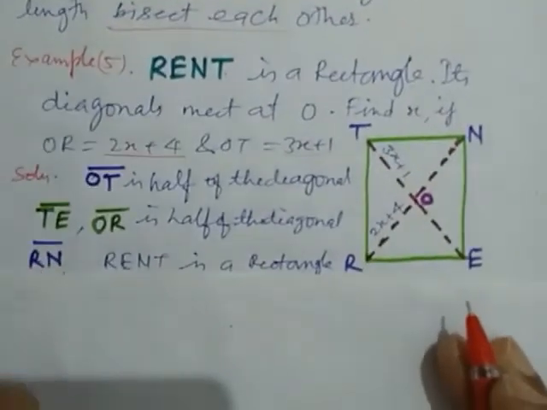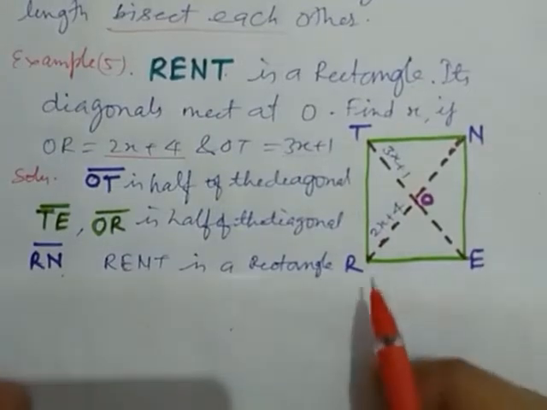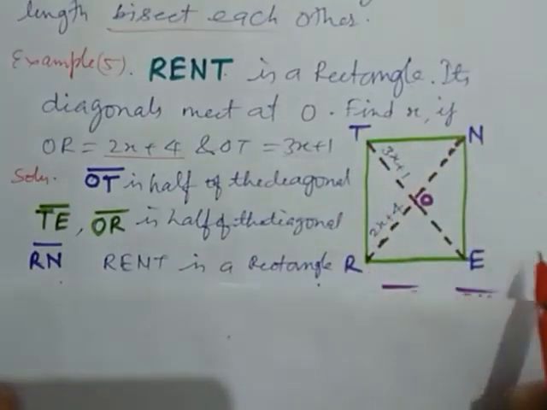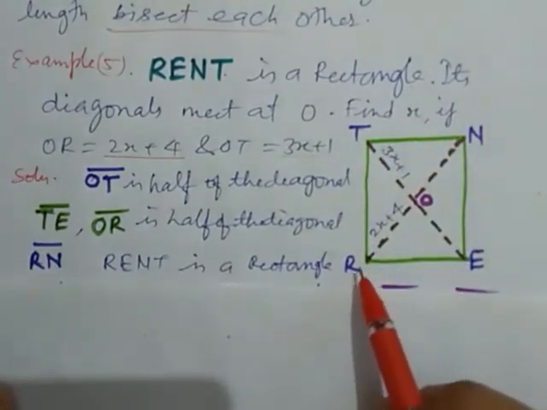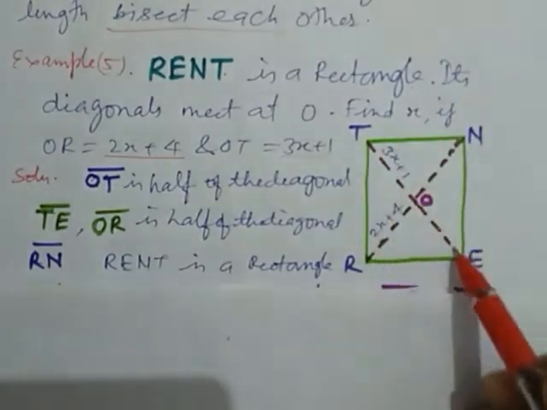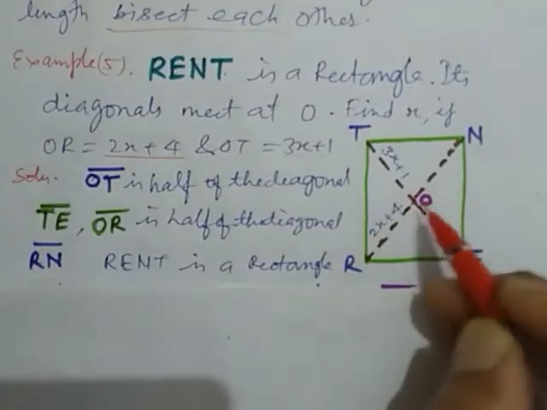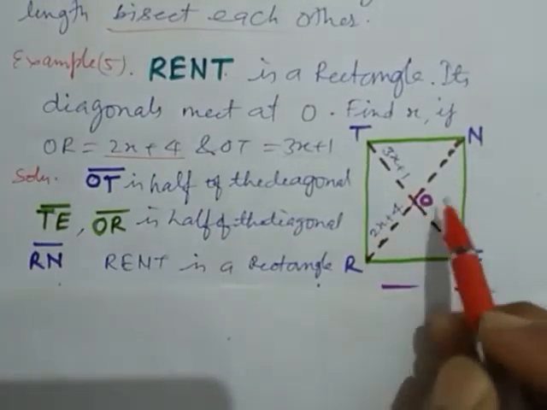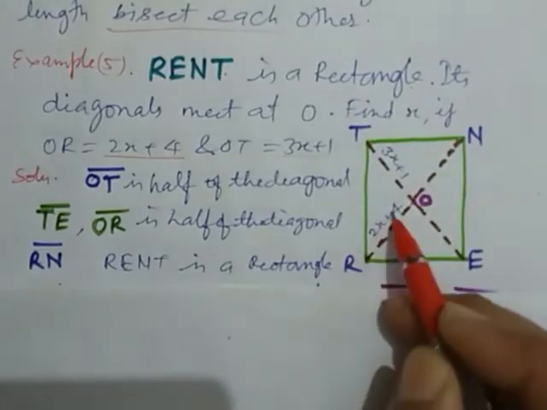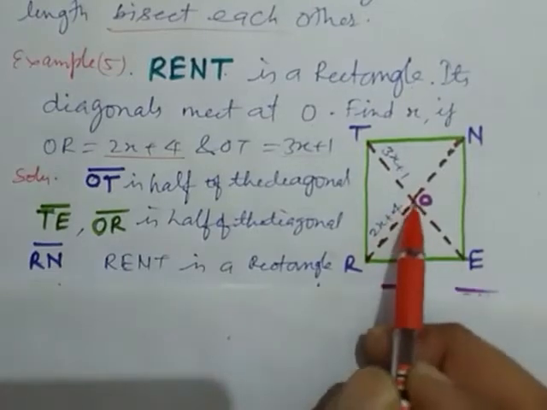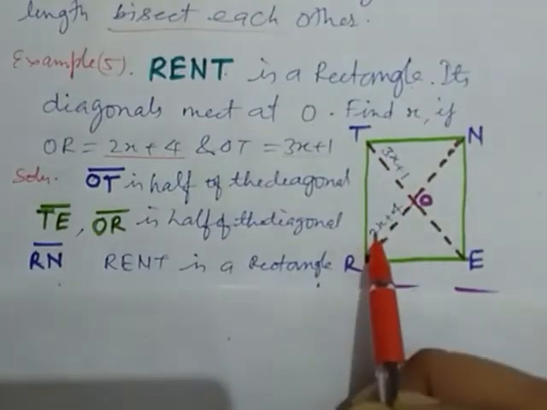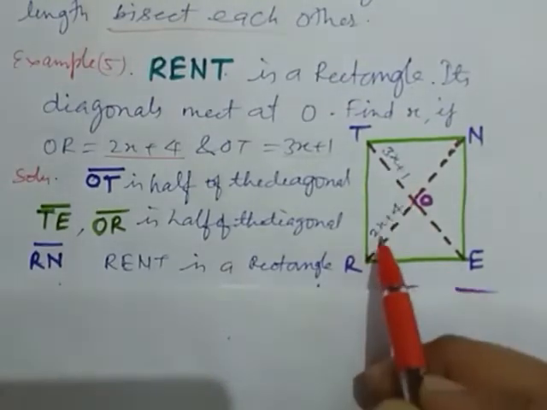Here is the figure RENT, which is a rectangle, and its diagonals meet at O. We are given that OR is 2x plus 4 and OT is 3x plus 1. With the help of this information, we have to find the value of x.